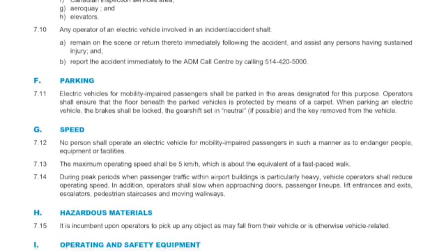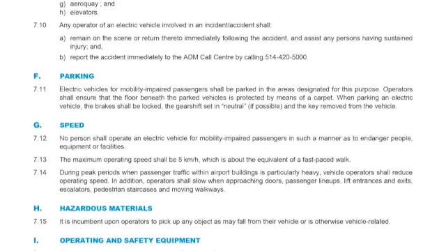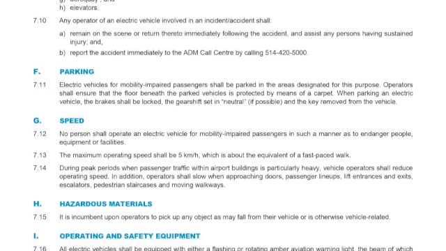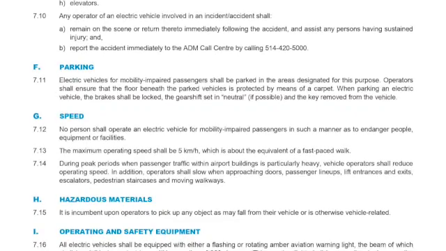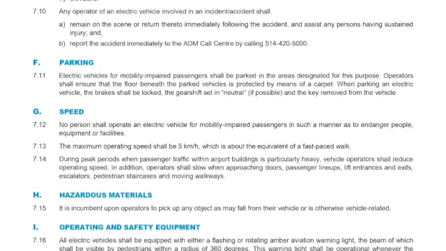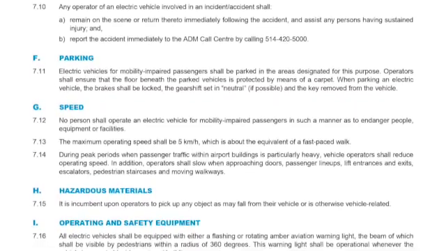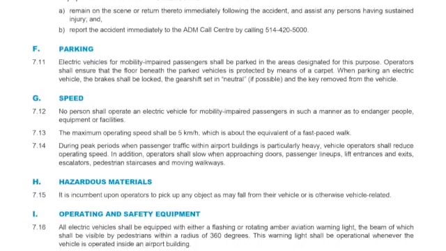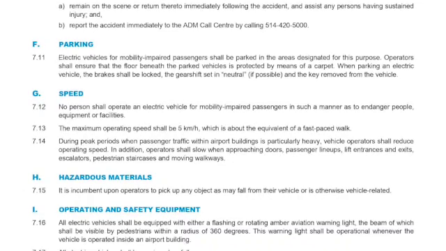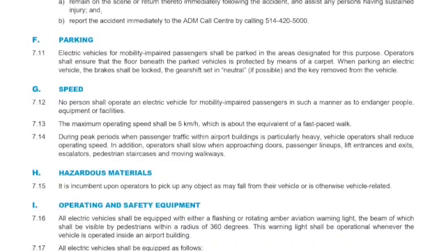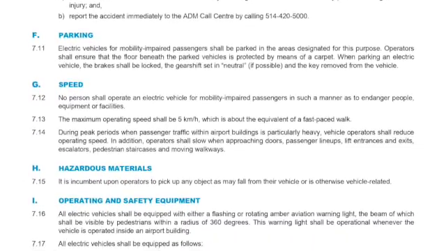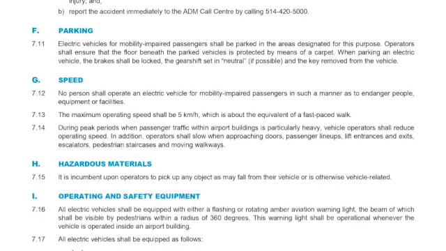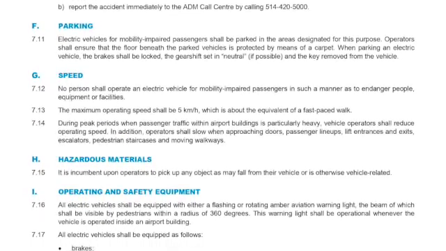G. Speed. 12. No person shall operate an electric vehicle for mobility impaired passengers in such a manner as to endanger people, equipment, or facilities. 13. The maximum operating speed shall be 5 km per hour, which is about the equivalent of a fast-paced walk. 14. During peak periods when passenger traffic within airport buildings is particularly heavy, vehicle operators shall reduce operating speed.